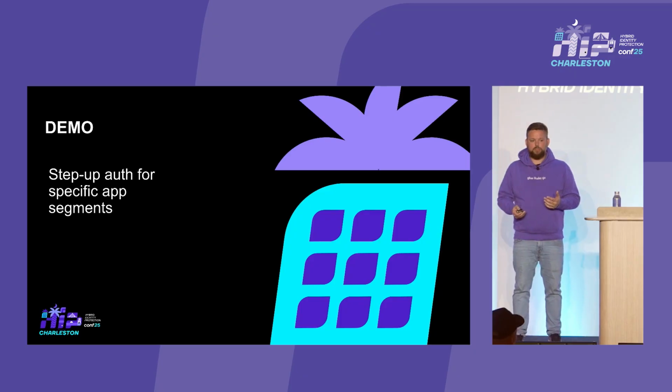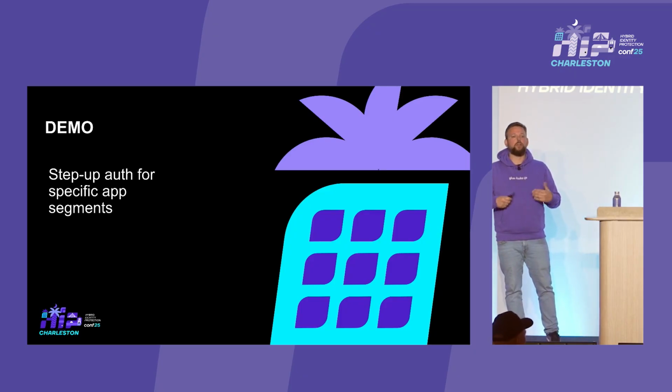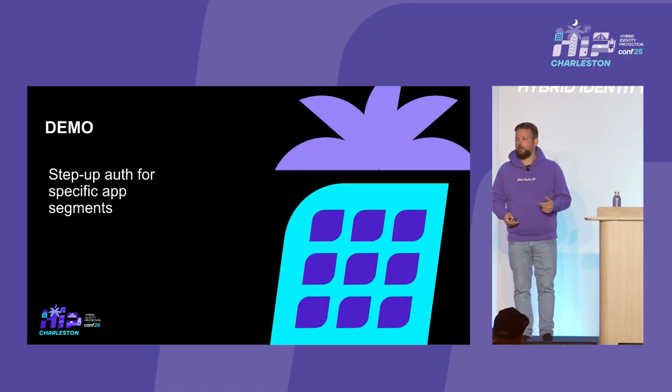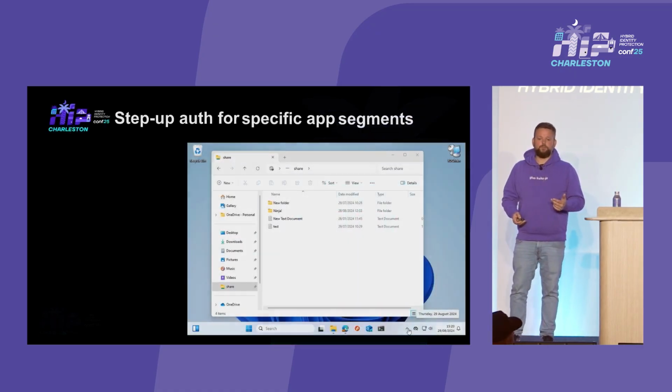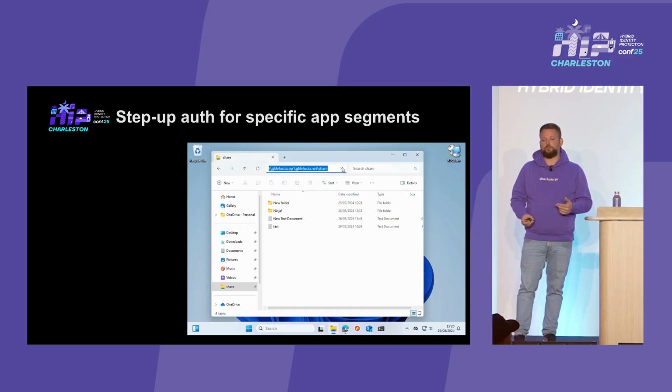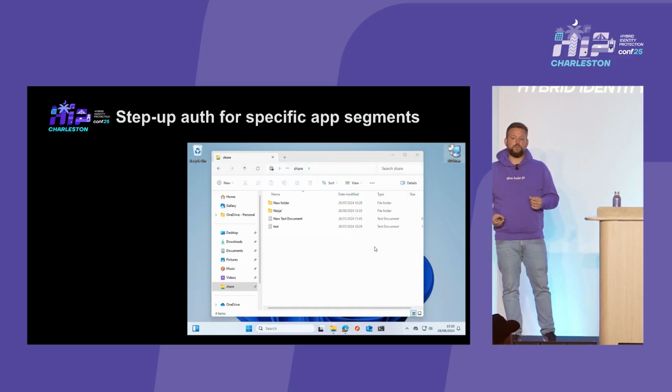I have an example, and in the following demo, you will see a client is already connected to GSA. A share is used in the data center, and the user tries to access a server via RDP. And we will see a request for step-up authentication.